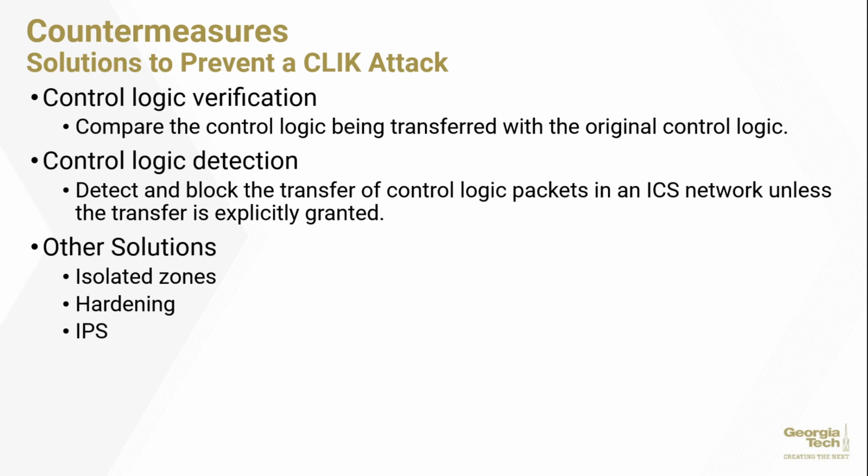Basically, an engineer would have to request access, be approved by somebody else, and all that traffic is going to be monitored. This basically prevents any autonomous actions from CLIK, which obviously would not be granted. Other solutions include having isolated zones.